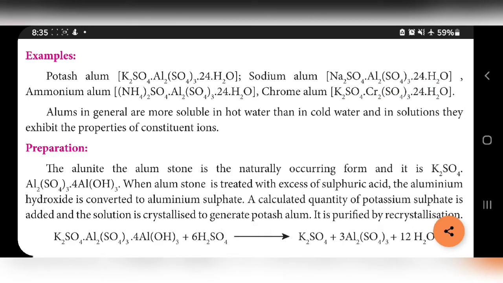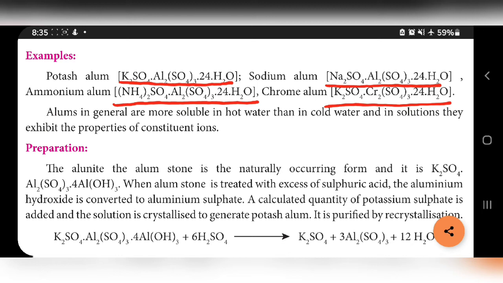Examples: potash alum, K2SO4 Al2(SO4)3 24H2O. Sodium alum, Na2SO4 Al2(SO4)3 24H2O. Ammonium alum, (NH4)2SO4 Al2(SO4)3 24H2O. Chrome alum, that is K2SO4 with Cr2(SO4)3 instead of Al2(SO4)3, with as usual 24H2O molecules. These are some examples for alums.